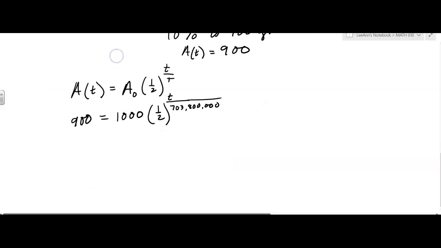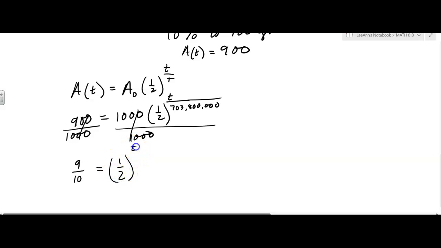Okay, so how are we going to solve this? Well, first you're going to divide by 1,000, right off the bat. So those cancel. We're going to reduce that to 9 over 10. And then we're going to have 1/2 to the power of T over, I'm just going to write out the big number.